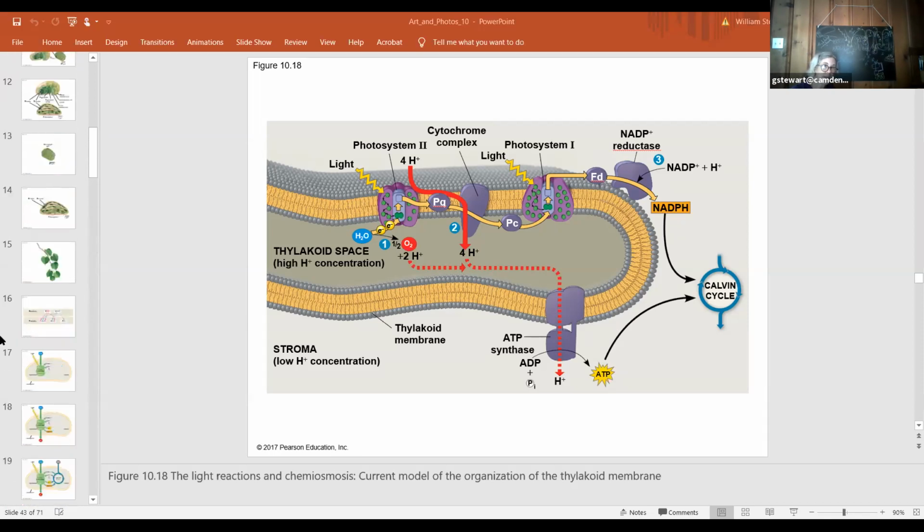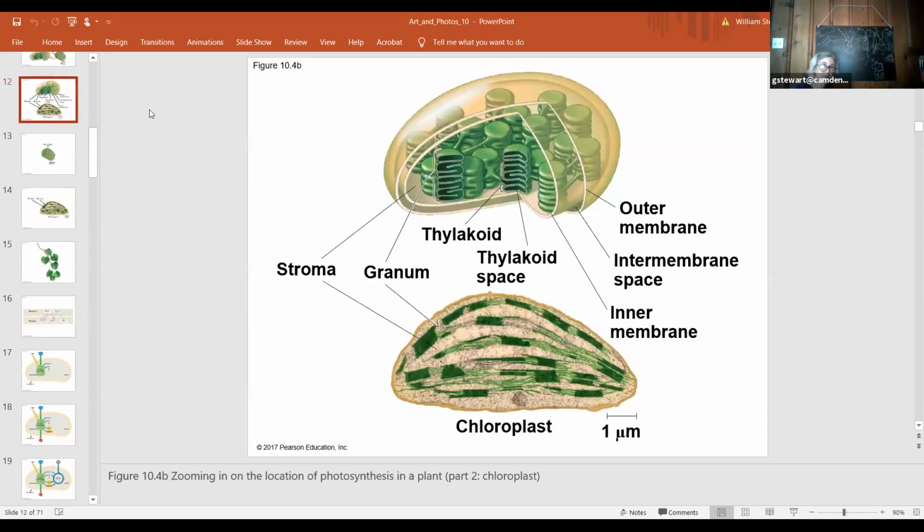So if we go back to this picture, there are multiple sets of photosystem 2 and photosystem 1 in each thylakoid, and you can see there are many thylakoid membranes and many stacks of thylakoid membranes in these grana inside a single chloroplast.